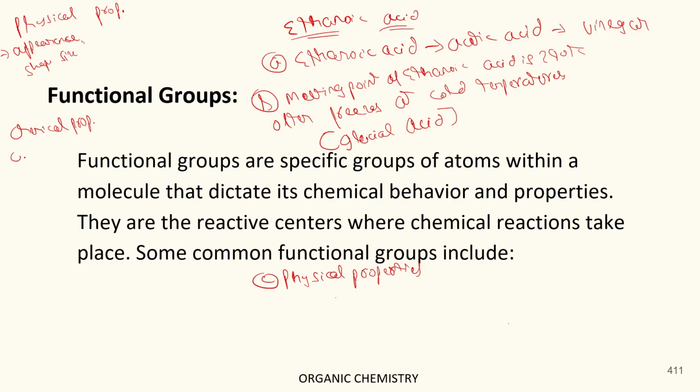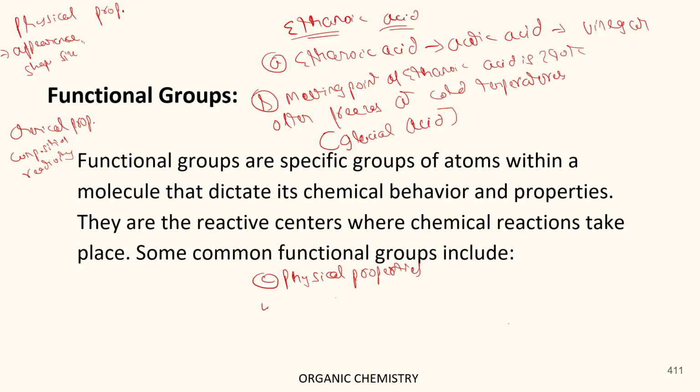Chemical properties basically means composition, reactivity. Okay, so if we are talking about the appearance, shape and size of an object, then we are talking about the physical property. If we are talking about the composition of an object and the reactivity of an object, then we are talking about the chemical properties. Got the difference? Note it down.